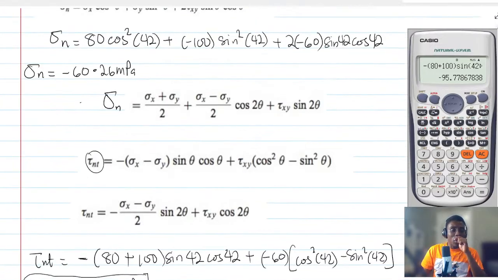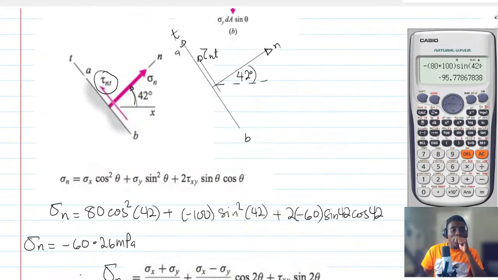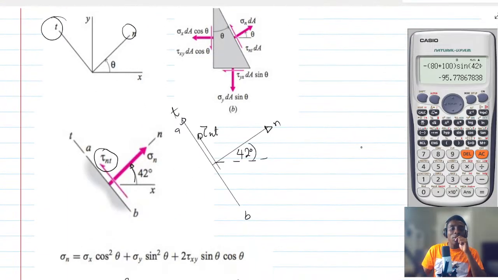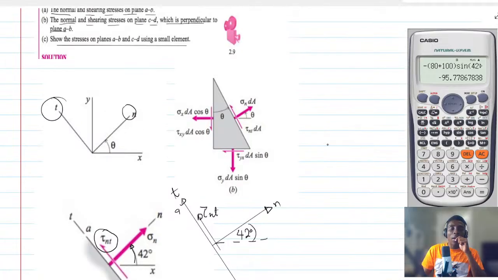So what are we trying to do? All we are trying to do is find the principal stresses. So we want to get this one and then this one. That's all.